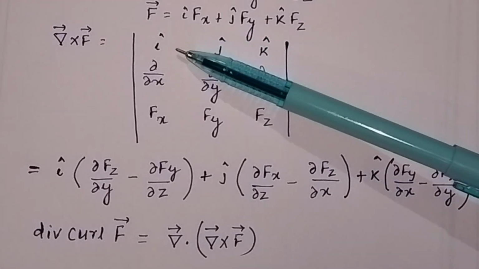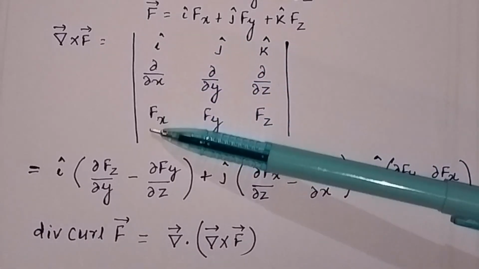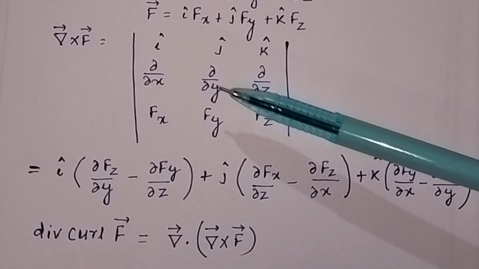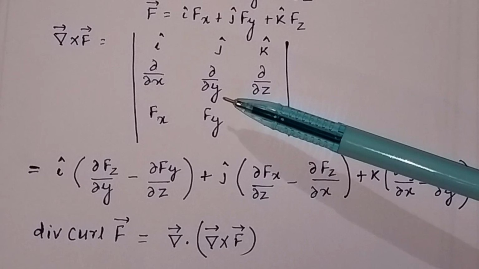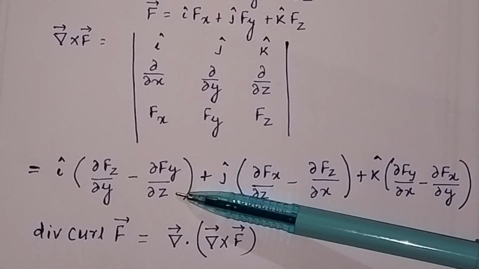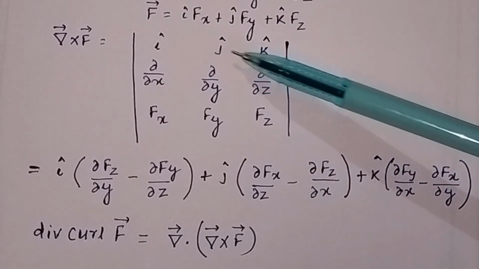So for i cap, you leave this column and this row. So for i cap, you have partial derivative of fz with respect to y minus partial derivative of fy with respect to z. Similarly, for j cap, you leave this column and this row.